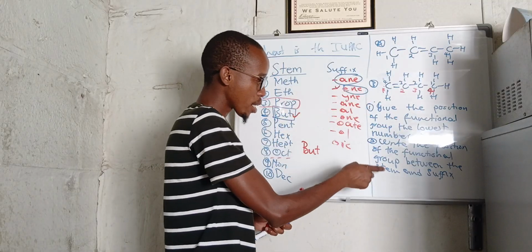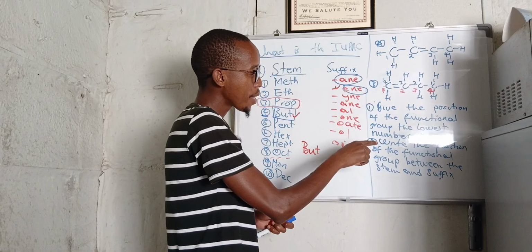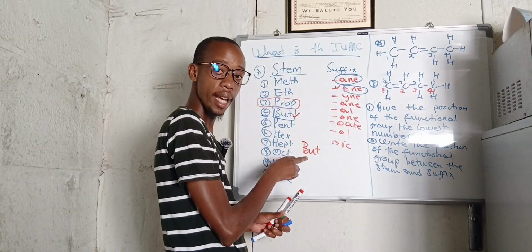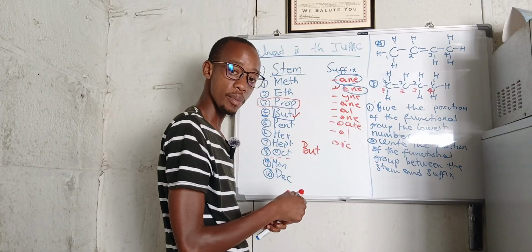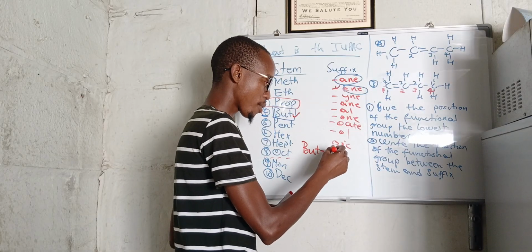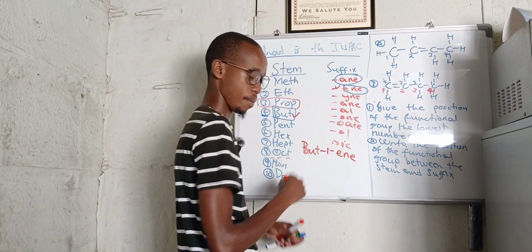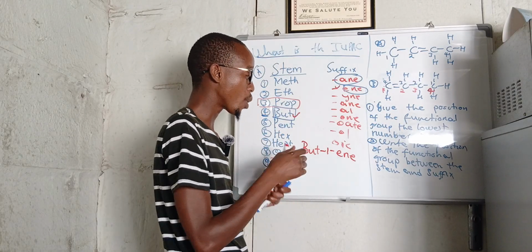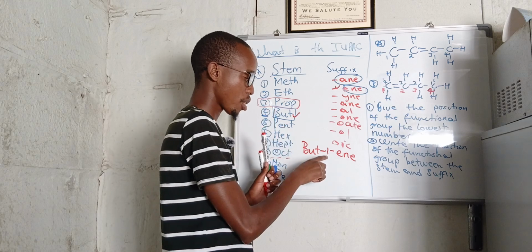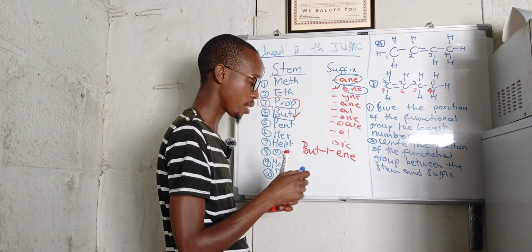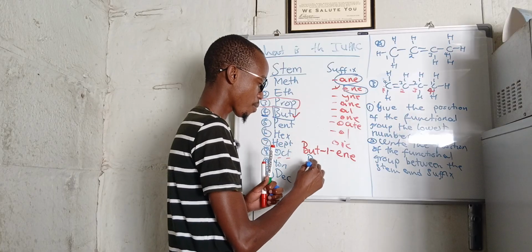Now, we apply point number 2, where we write the position of the functional group between the stem and the suffix. What is my position now? 1. And then what is the suffix? -ene. You see? It is only when the position of the functional group is given to you that you can write it like this.